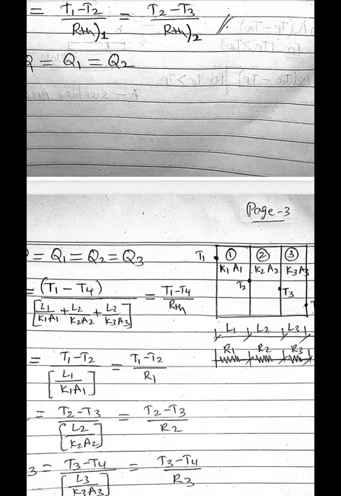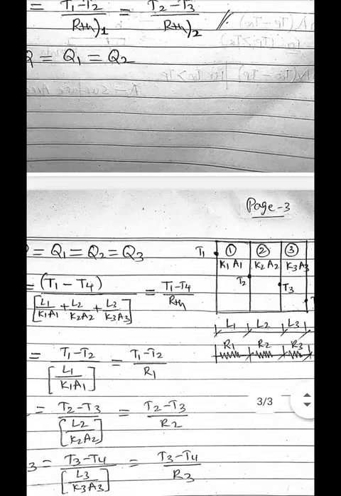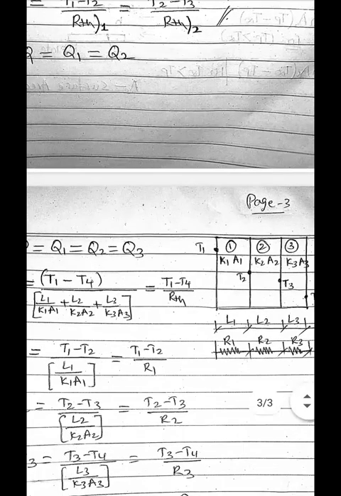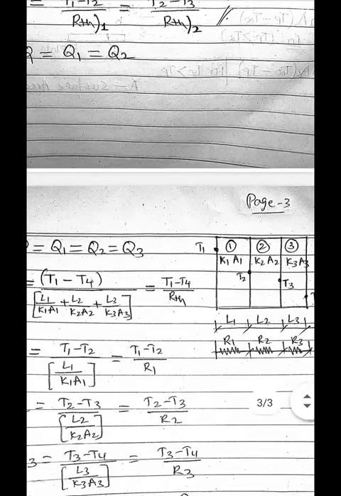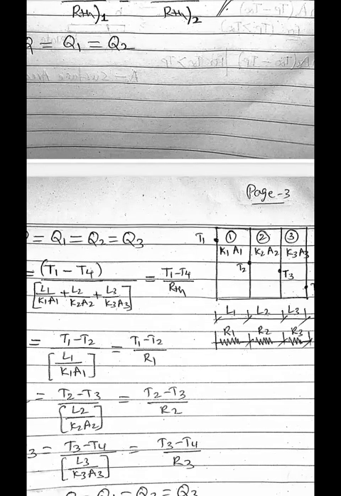So here you can see on the diagram, just below the diagram, R1, R2 and R3 are there. R1 is the resistance offered by the first block, and its value is L1 divided by K1A1. Similarly, R2, the resistance offered by the second wall, is L2 divided by K2A2.